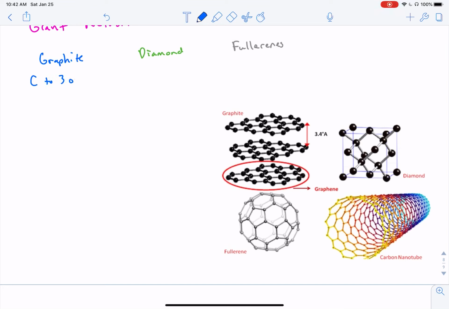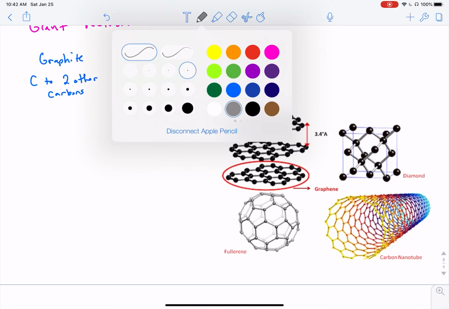Oh, sorry, two other carbons. Whereas diamond is carbon to three other carbons. And fullerenes are C to two other carbons. Okay. It's all covalently bonded, but that's a main characteristic.